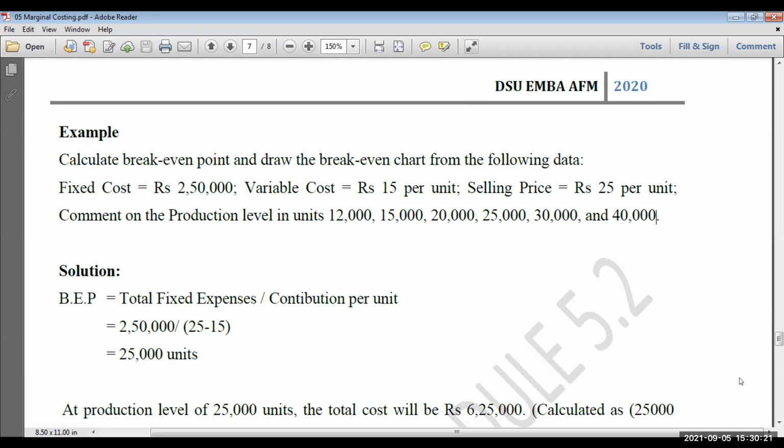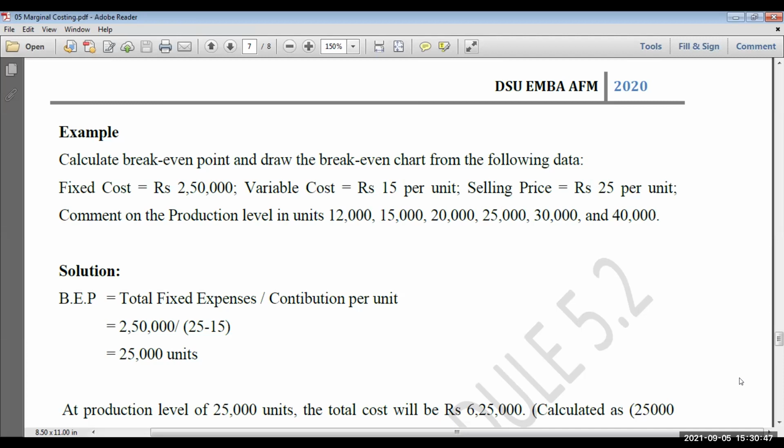Not 25, sorry, 2,50,000. How is it? Because my fixed cost is 2,50,000. So break-even point is nothing but fixed expenses equivalent to break-even point, my profit.